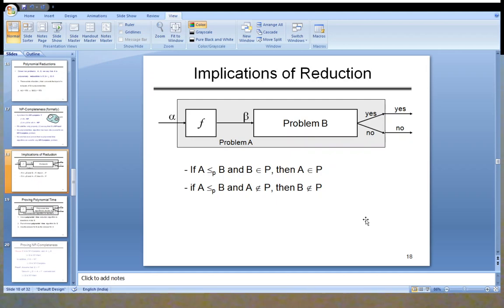After converting it, we can get the answer for problem A using the algorithm for problem B. And if A ≤p B and B is a polynomial problem, then A would also be a polynomial problem. Likewise, if A ≤p B and A is not polynomial, then B would also not be a polynomial problem.